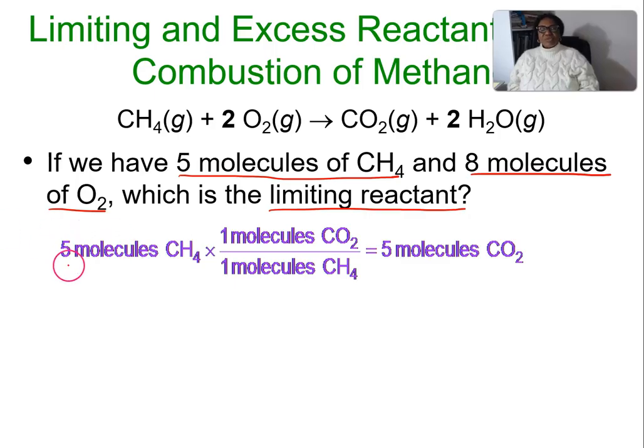So we are going to use the 5 molecules of methane. Then we use the mole ratio and find out how much product we are going to have. You can use carbon dioxide or water. We just want to find out which reagent is going to produce more product or less product.